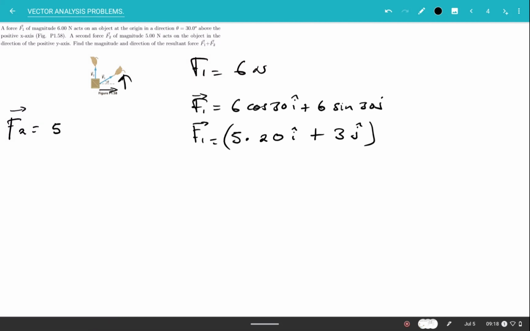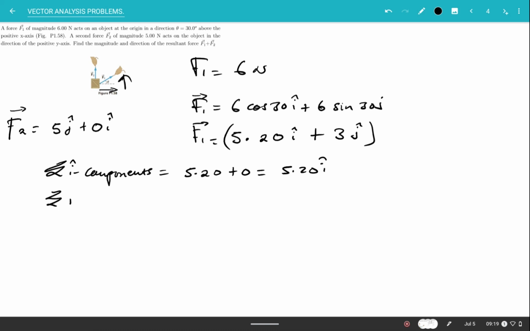So we're having 5 in the positive j, but 0 in the i. Since we're looking for the magnitude, we have to find the sum of the i components. And in the i components, we have 5.20 plus 0, which will be just 5.20 in the i.